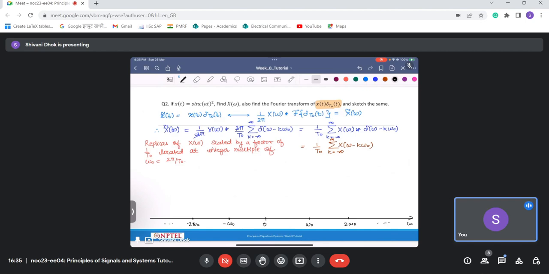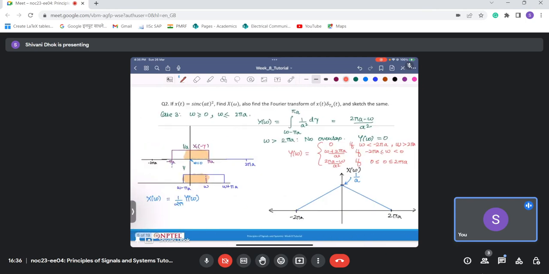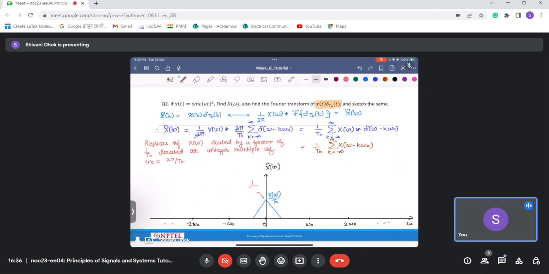This is the omega axis, this is x tilde of omega. Then this is what we have. This is x of omega by t naught, and the maximum value here was 1 by a, so it is 1 upon a times t naught.